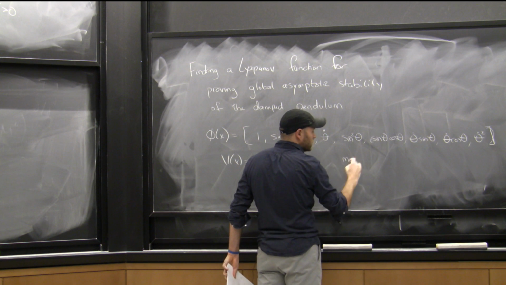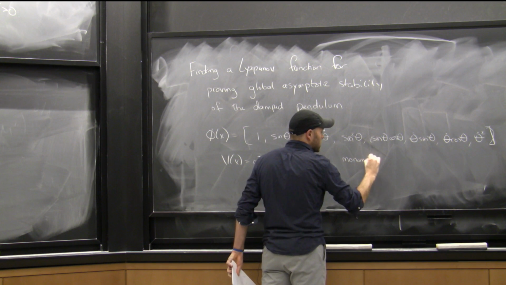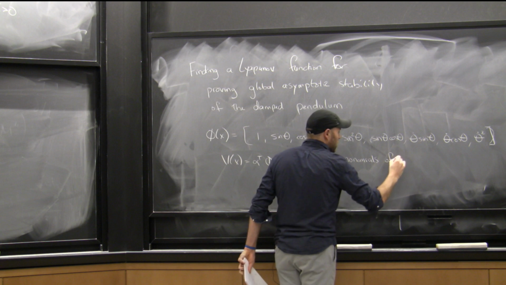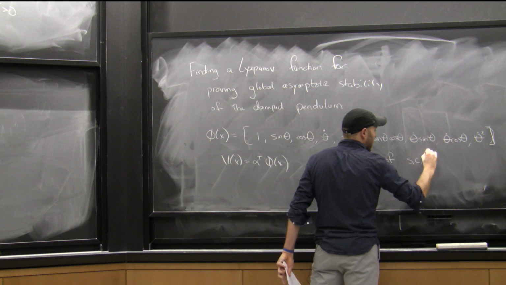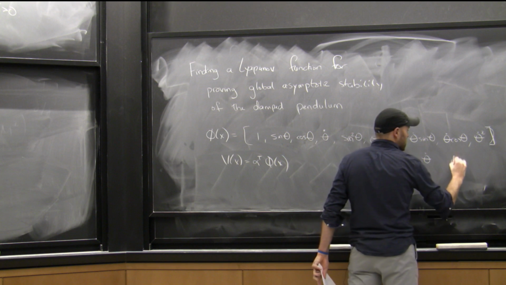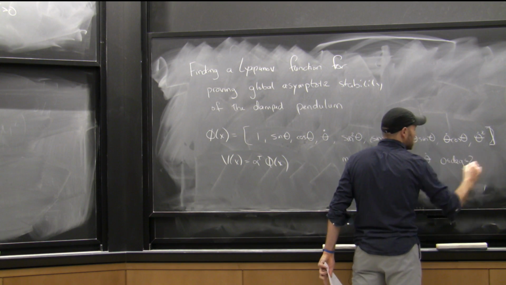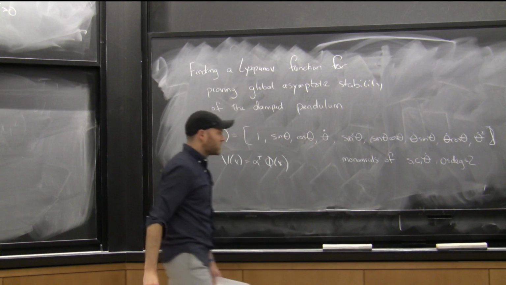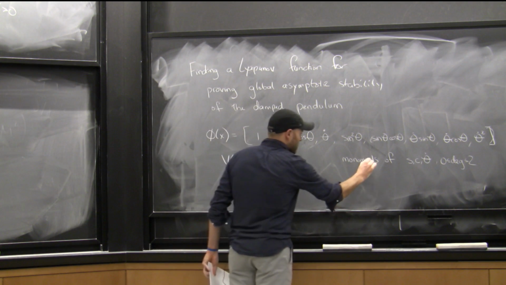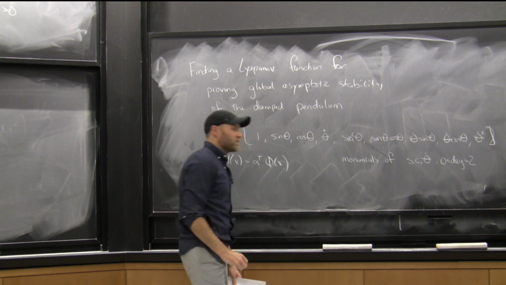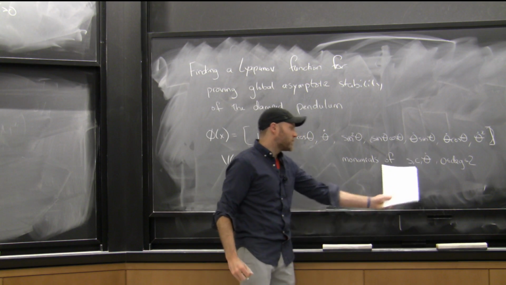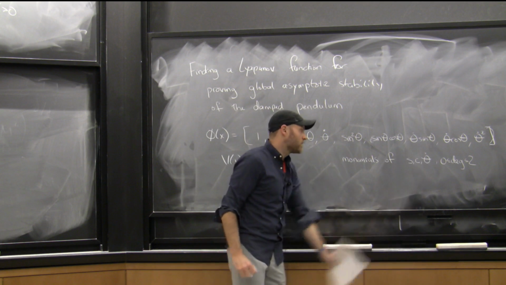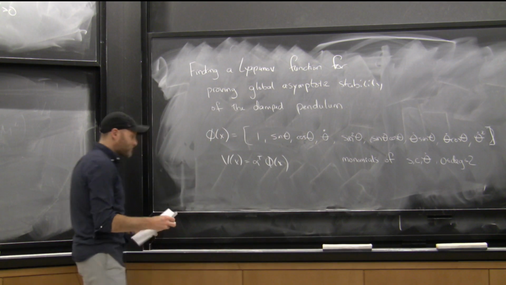So this is monomials of sine, cosine, and theta dot for degree between 0 and 2. When you see the code, that's what it means. It's take all multiplicative combinations of these for your features.